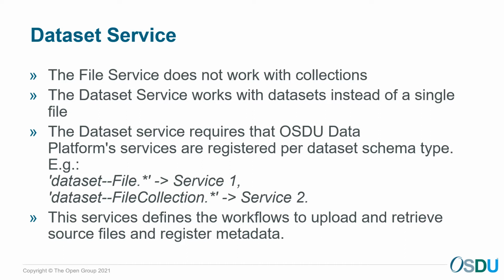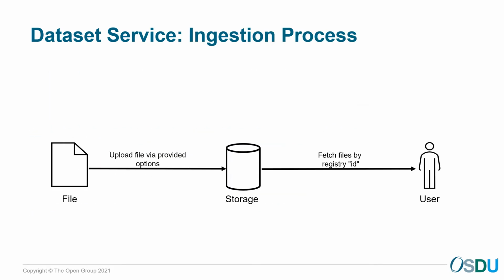The major advantage of DataSet service is that it works with dataset of files instead of a single one. So this allows us to use this service for working with file collections like OpenVDS format of seismic data. Uploading source files via DataSet service is similar to uploading files via file service. A user can request the service to generate an instruction for uploading files.